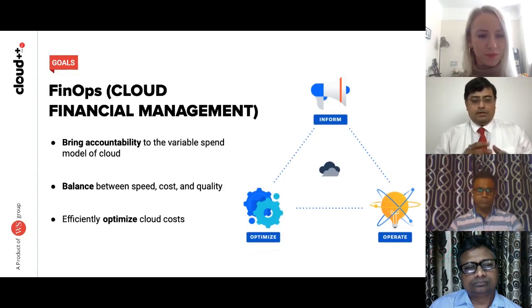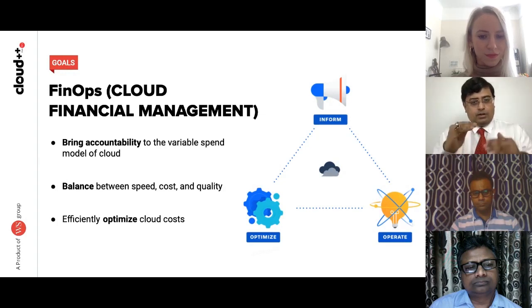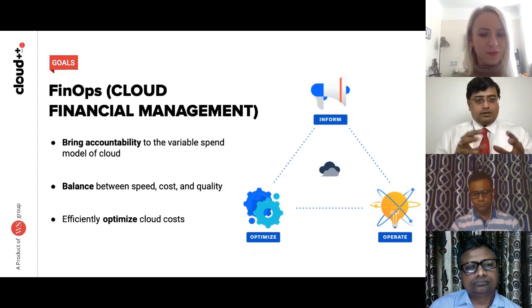So it's very easy to increase the cost if we try to increase the speed or the quality. So we need to strike a balance between all these three parameters, finally, so that the overall cost can be brought down. So the key lies in monitoring it very carefully, planning it very carefully, and then optimizing the costs over a period of time.